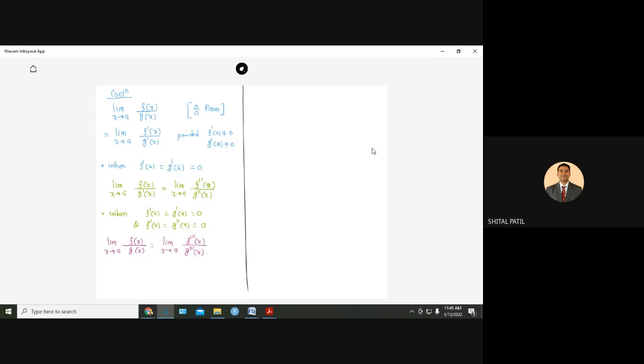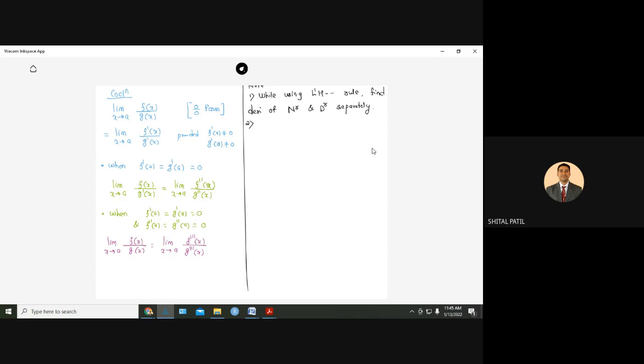Note 1: while using L'Hospital's rule, find the derivative of numerator and denominator separately. So don't use the u by v rule, don't use the division rule. You have to find the derivatives separately.